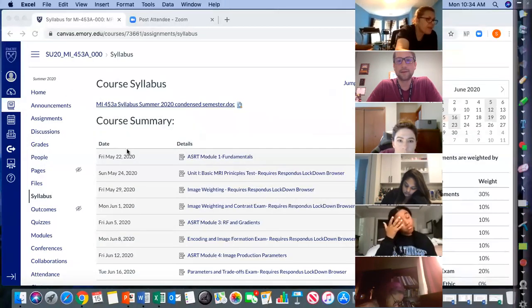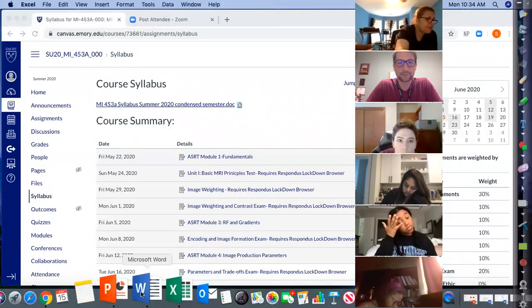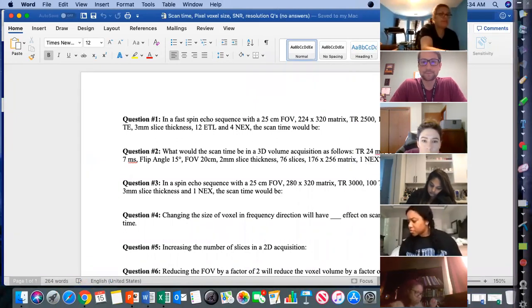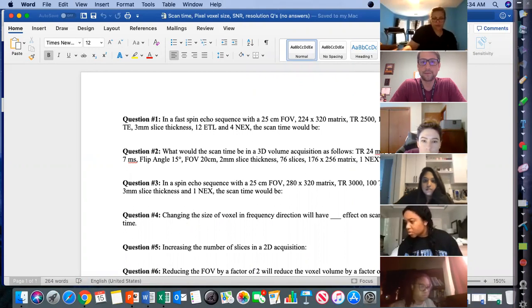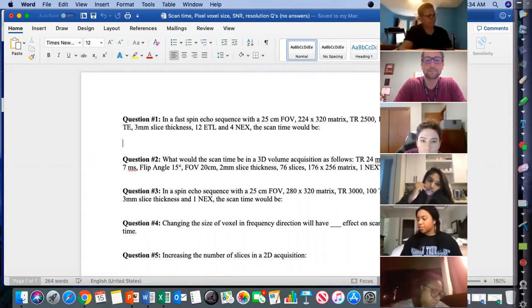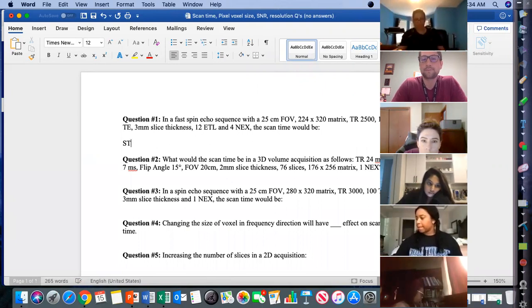All right, so let's work some problems here. Go to this particular document and let's determine what the scan time is going to be. Here it says a fast spin echo sequence.